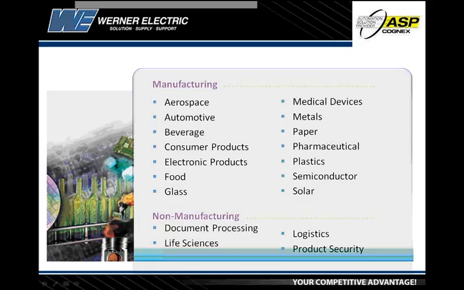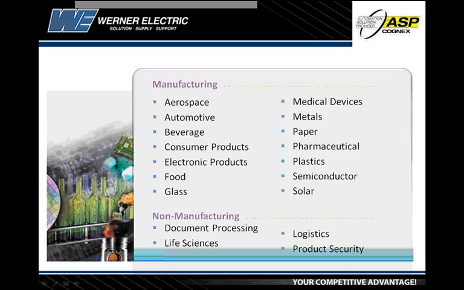All right, so the next slide, this is getting towards the end of our sort of generic discussion. We are going to get to real applications here shortly, so bear with me a moment. Machine vision has been and can be used in all of these different industries.